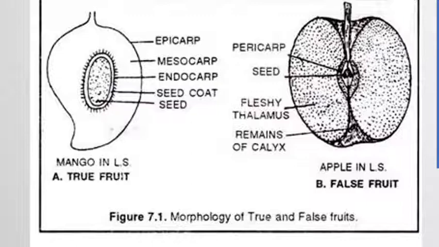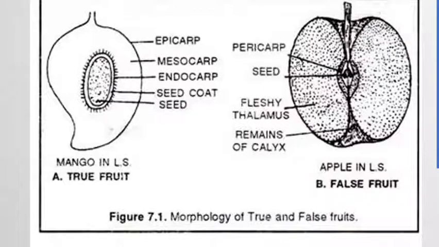We also see there is a seed, which comes from the ovule of the mango flower. So the mango fruit comes entirely from the ovary, and no other part of the flower has contributed to its development. That is called a true fruit.